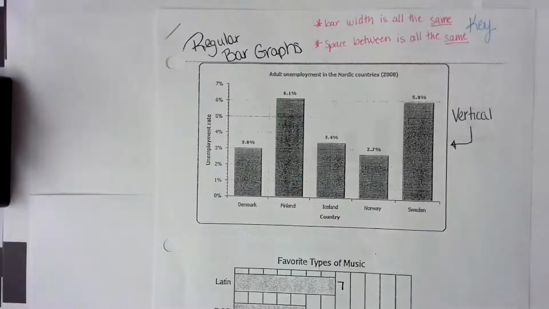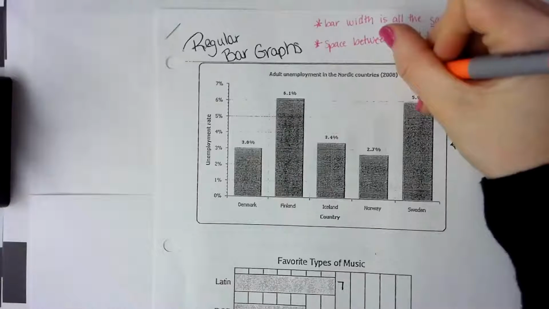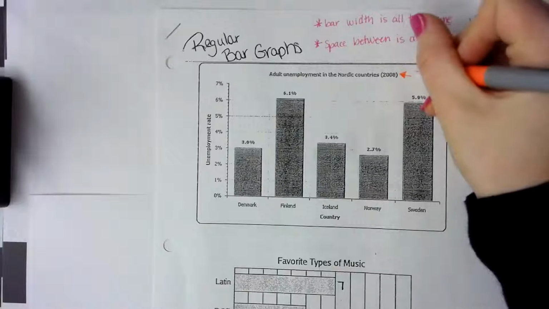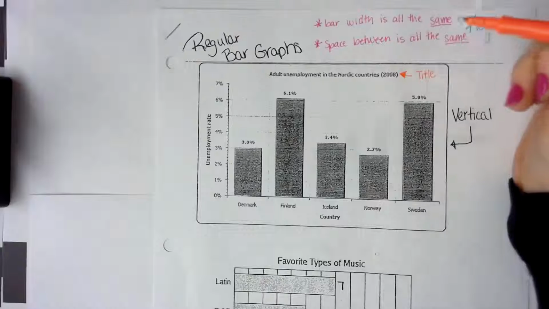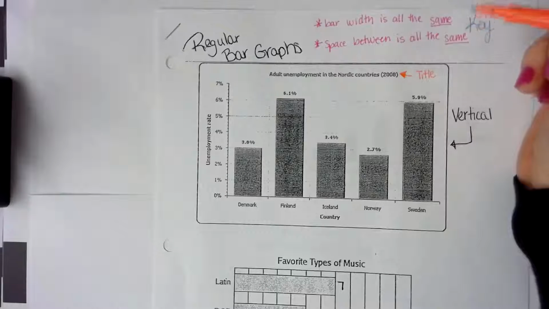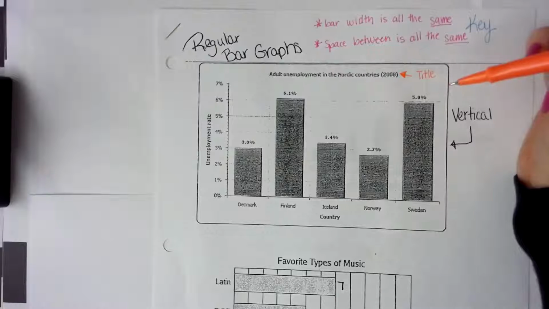So some things that you need. So you need this right here, which is your title. And you should have a little bit of knowledge of this from doing our data booklets all year long so far.